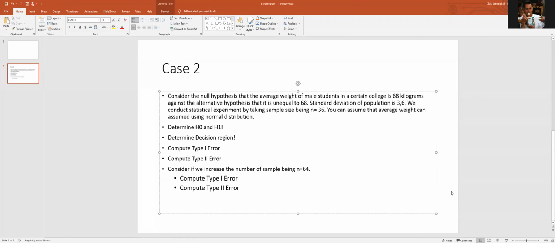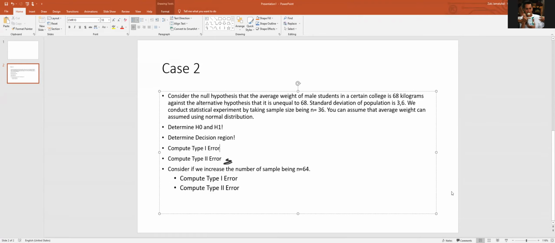So we compute for this one. Okay, type 2 error. For the type 2 error, we use the same formula, which implies that the H1 is true.